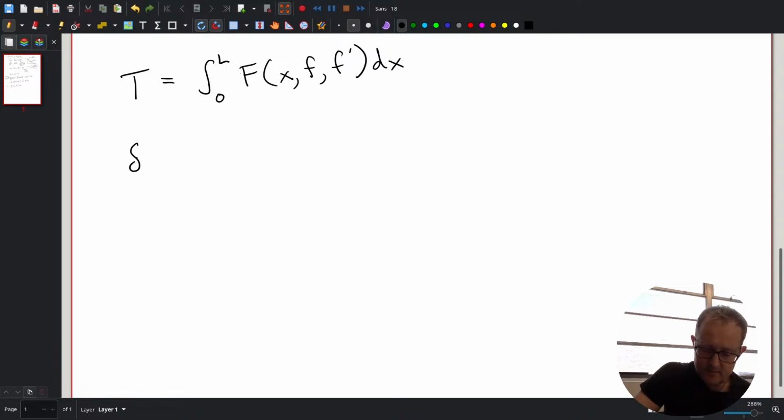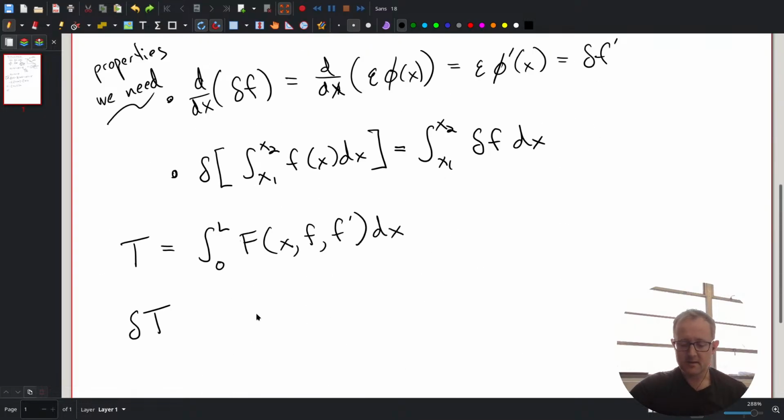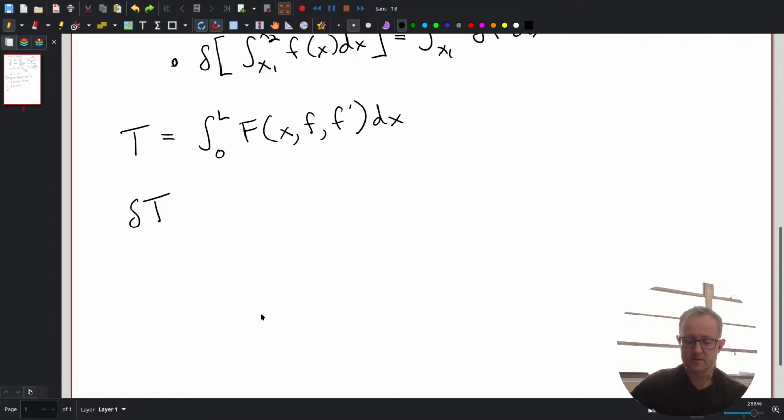So now let's look at if I can get delta t, because remember this delta is the difference between our desired and our actual. If that delta f is 0, then f of x equals that f bar of x. So there is no difference between the exact solution and our current solution.